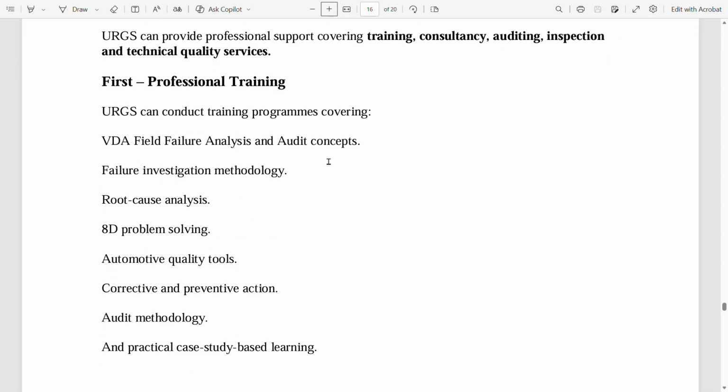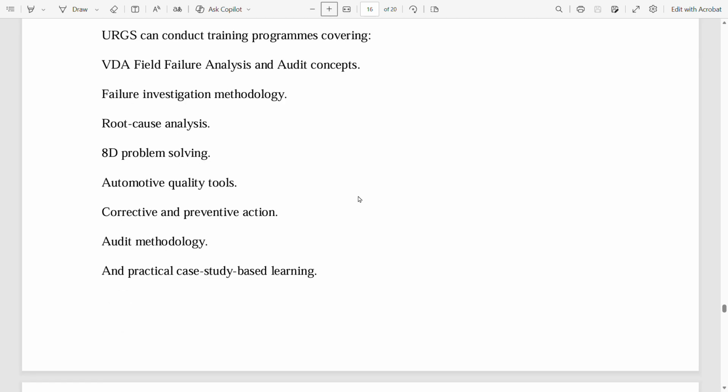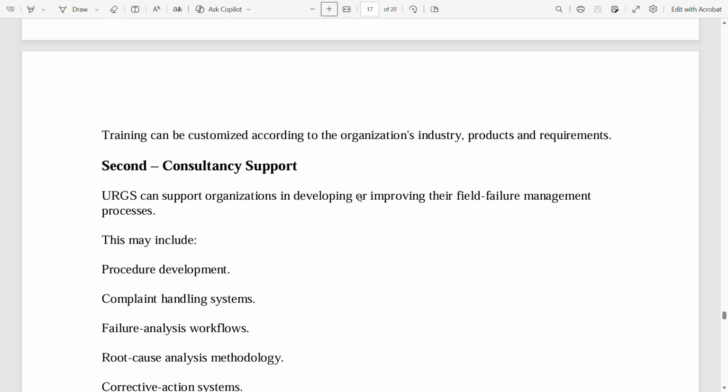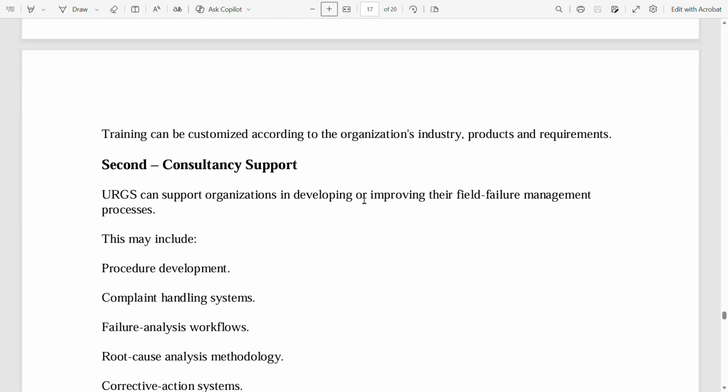URGS can conduct training programs covering VDA Field Failure Analysis and audit concepts, failure investigation methodology, root cause analysis, 8D problem solving, automotive quality tools, corrective and preventive action, audit methodology, and practical case study based learning. Training can be customized according to the organization's industry, products, and requirements.